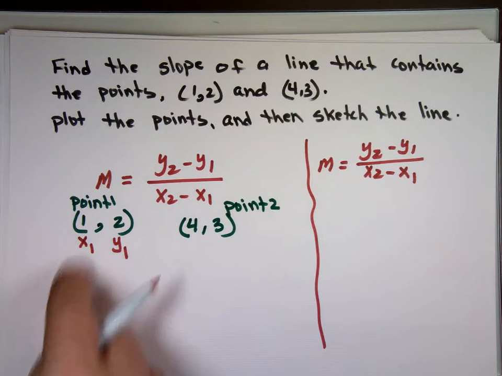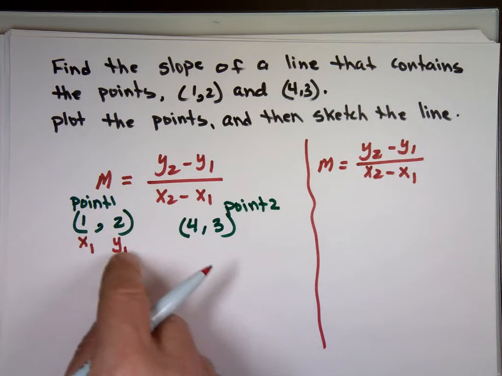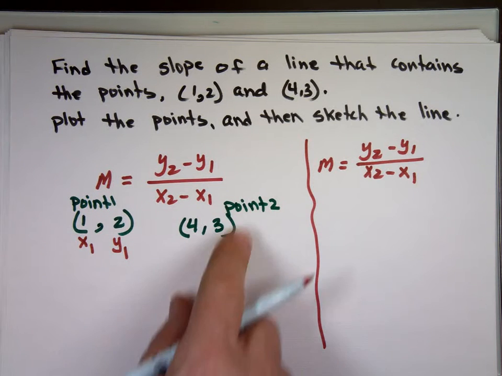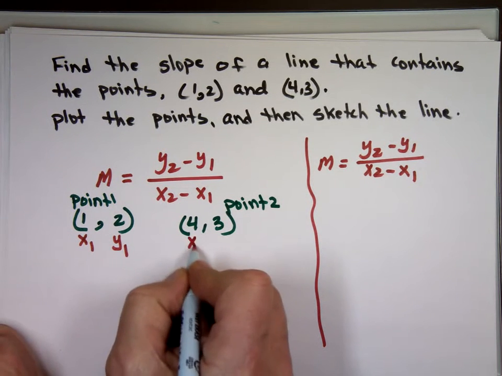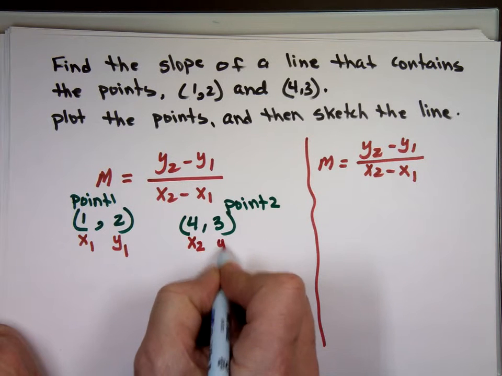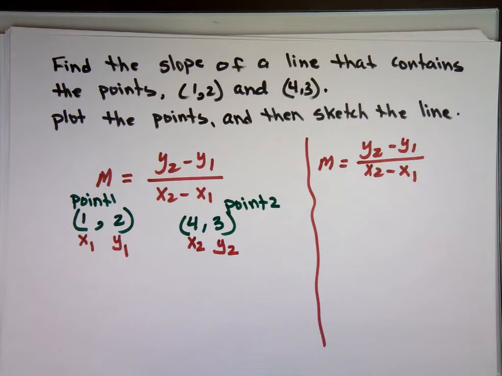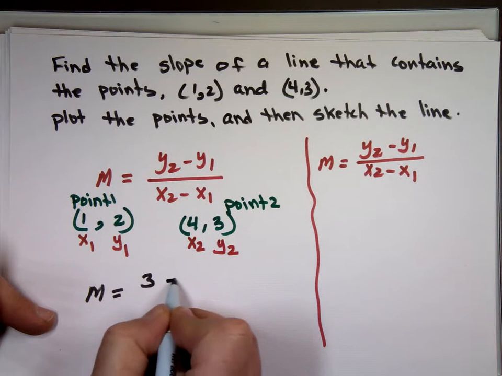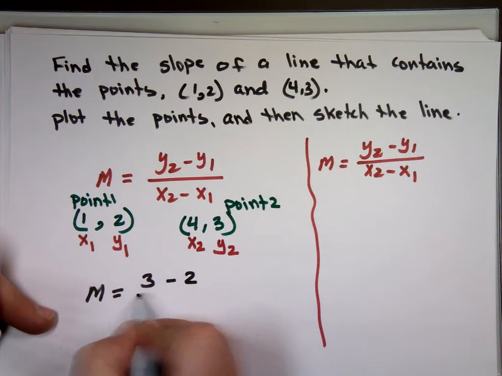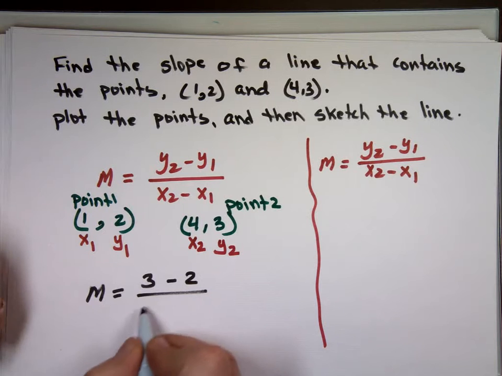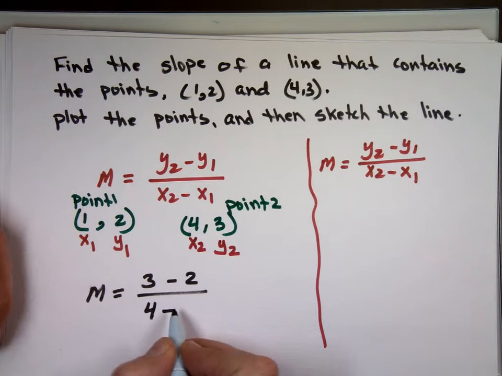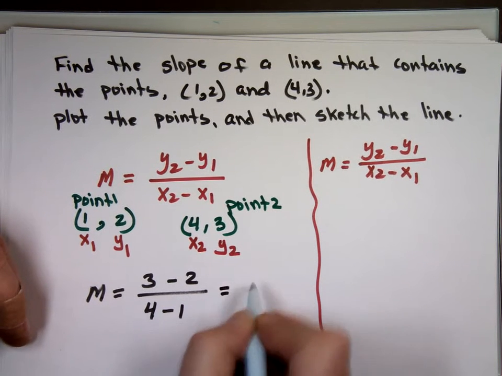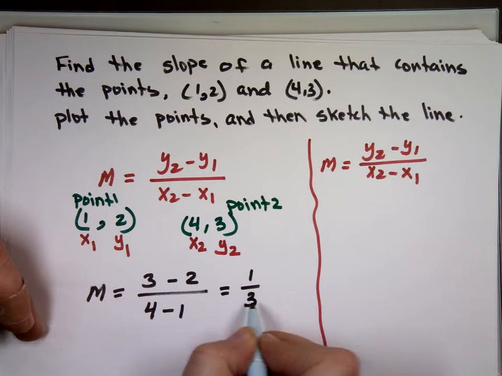I'm calling this point 2, so this is the x value of point 2, that's the y value of point 2. What is my slope then? y sub 2, which is 3, minus y sub 1, which is 2, over x sub 2, which is 4, minus x sub 1, which is 1. 1/3. Positive slope.